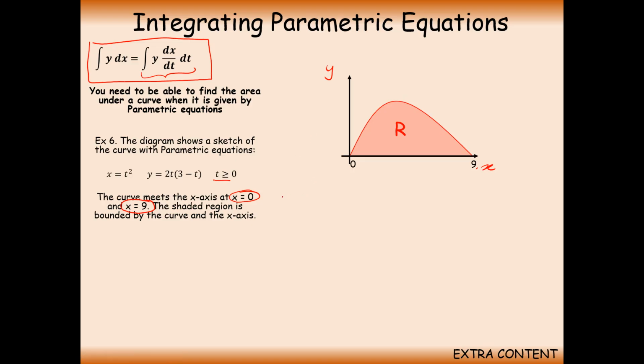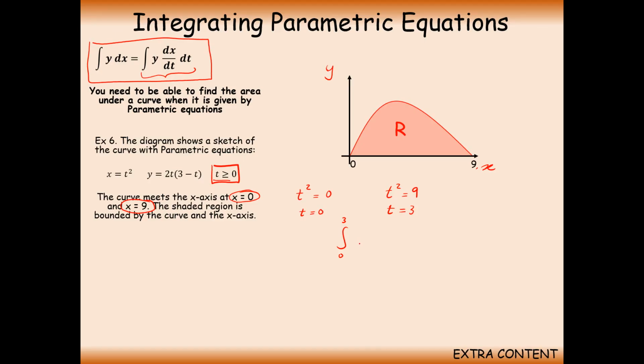We are going to write t squared equals 0, and there is only one value that it could be. t could be 0. Then t squared is 9, could be plus or minus 3. But we've been told that t is a positive value, so t can only be 0 and positive 3. So our integral is going to go from 0 to 3.